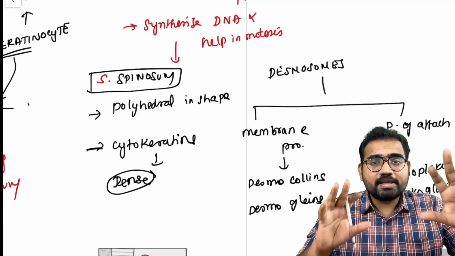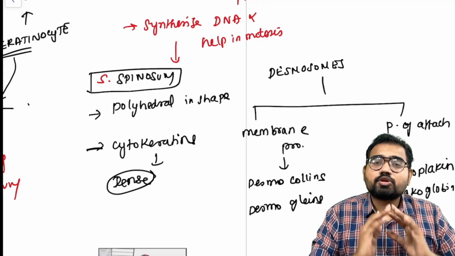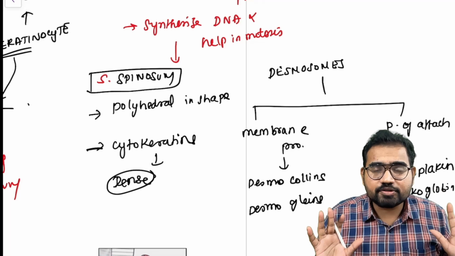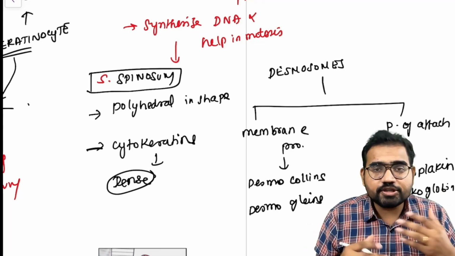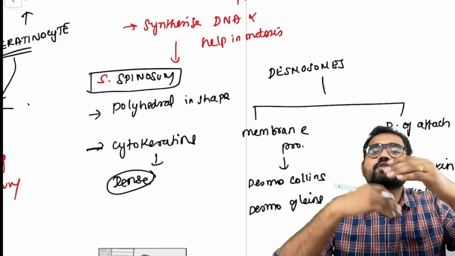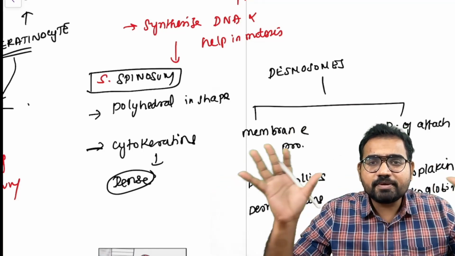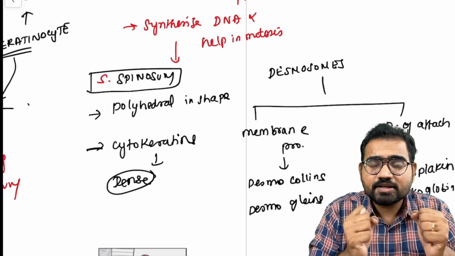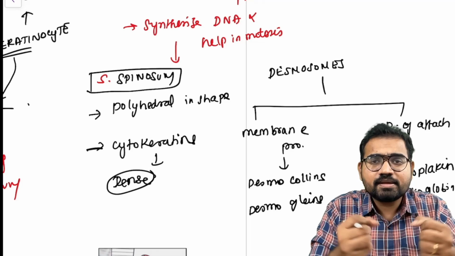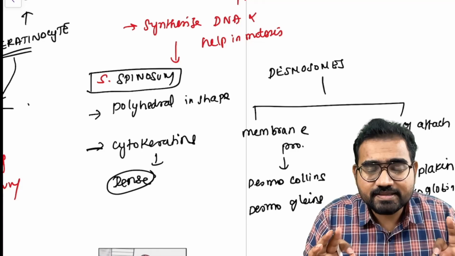So normally in the stratum basale, a cell is normal in shape with normal organelles, and it just synthesizes DNA and does mitosis. As the cell moves up to the stratum spinosum, it divides, multiplies and becomes extremely dense, meaning increased activity, and cell to cell attachment is by desmosomes. Till that, is it clear?